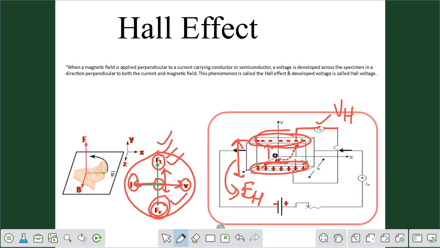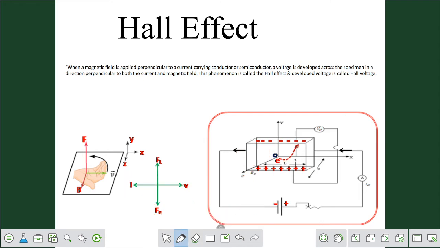So that is the complete function of the Hall effect experiment diagram. If you know the working of this experimental diagram, you can easily derive all the formulas of the Hall effect.